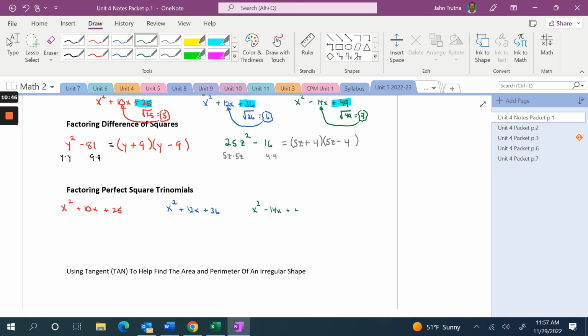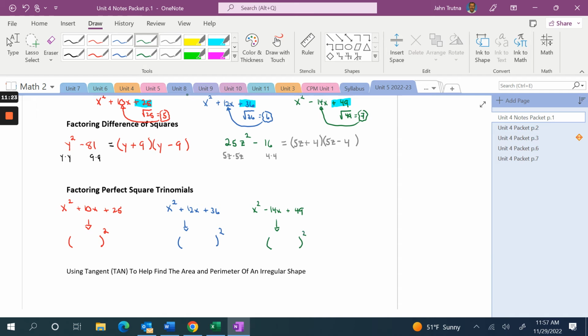Okay, these perfect square trinomials, and only these perfect square trinomials, can be factored without having to use the area model and the diamond problem. Here's how it works. X squared plus 10x plus 25, the perfect square trinomials always factor into a factor multiplied with itself. Okay, so they always factor into a factor to the second power.